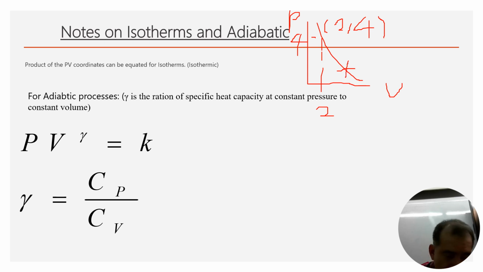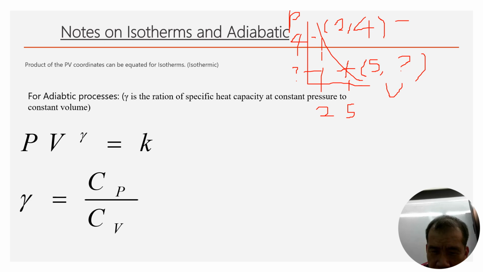So using Boyle's law, let's say I know my volume here to be 5, and what is my pressure here? Basically, you just use the product of the first initial condition, where your volume was 2 and your pressure 4.